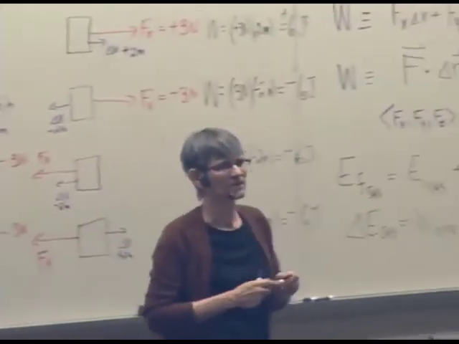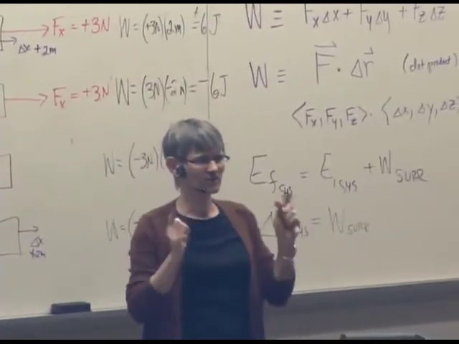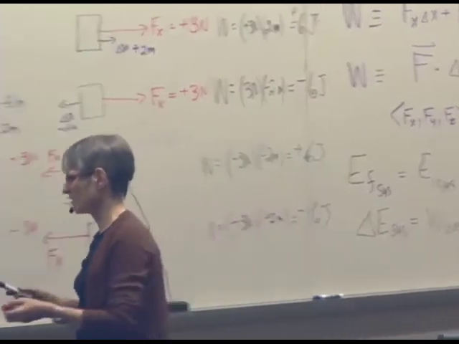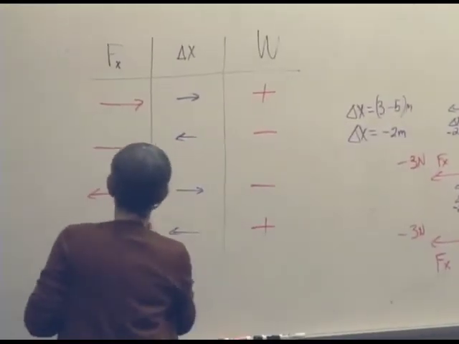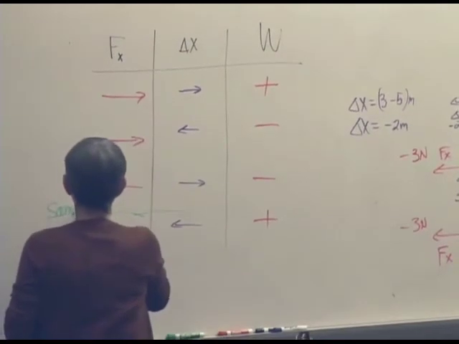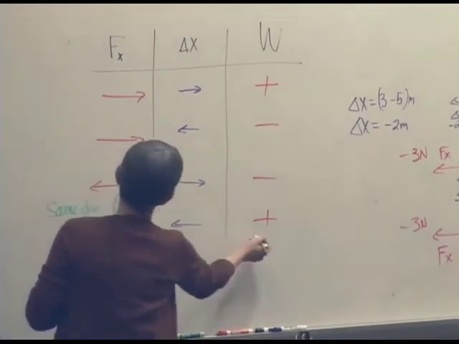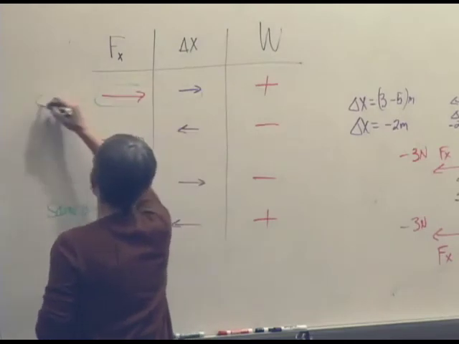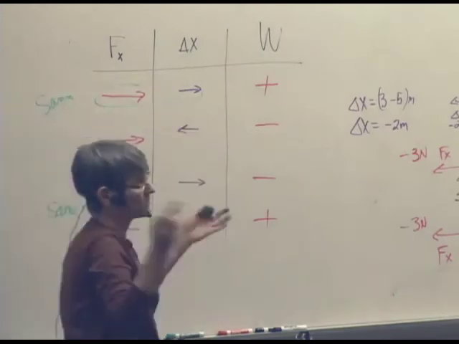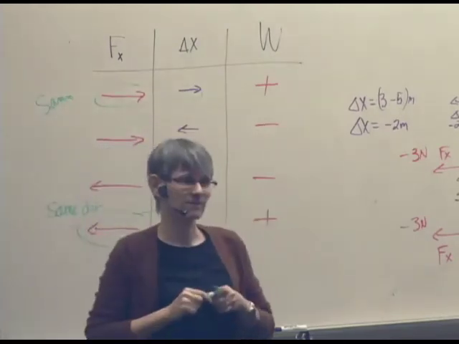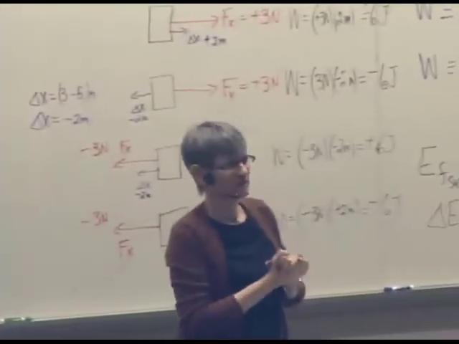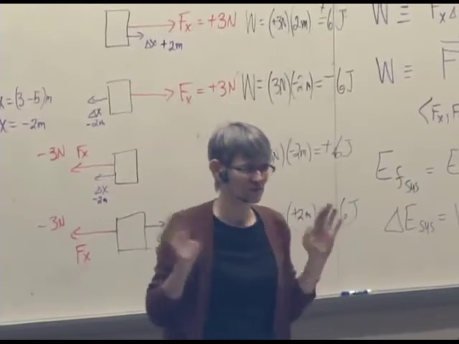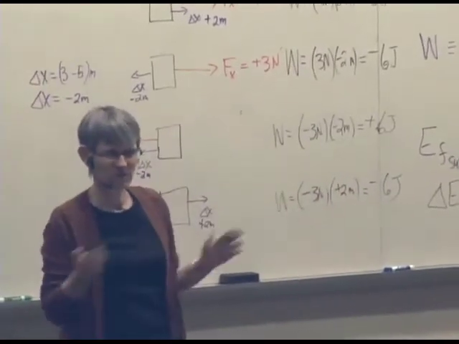So what is it? Yeah, it's the relative direction, isn't it? So if they're in the same direction, it looks like it comes out positive. And if they're in opposite directions, it comes out negative. So it's the relative directions of the force and the displacement that determines whether the work is positive or negative.